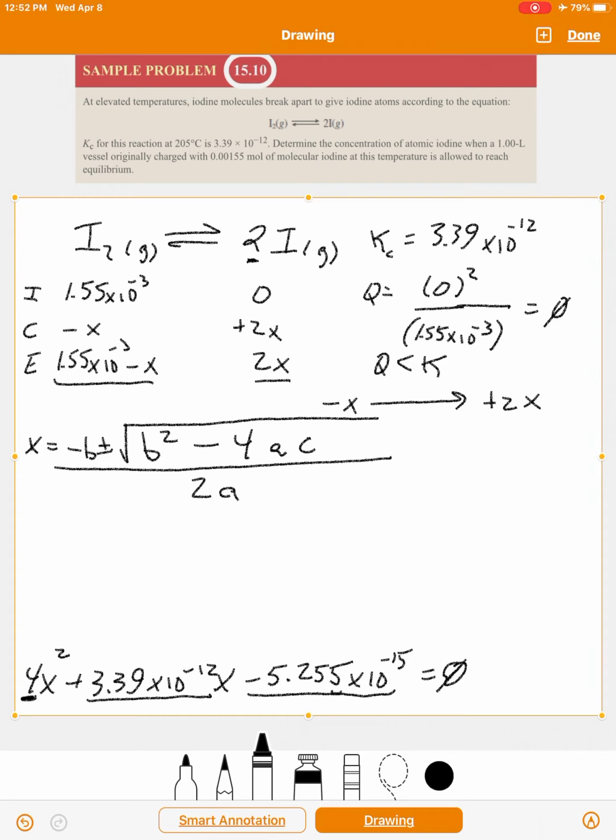Well, b is 3.39 times 10 to the minus 12, so that's minus 3.39 times 10 to the minus 12, plus or minus the square root of that number, 3.39 times 10 to the minus 12 squared, minus 4ac. a is 4, and then c is minus 5.255 times 10 to the minus 15.